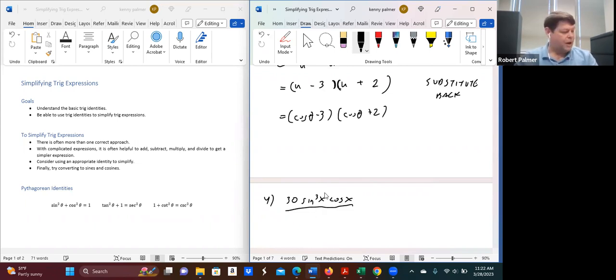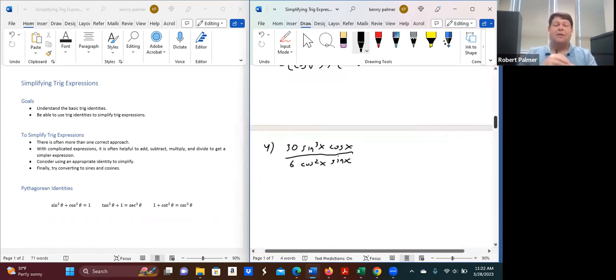And down here in the denominator, we have 6 times cosine squared of x times sine of x. Now, this example is mainly about simplifying by canceling. So we're not really looking for identities so much. Everything's already in terms of sines and cosines.